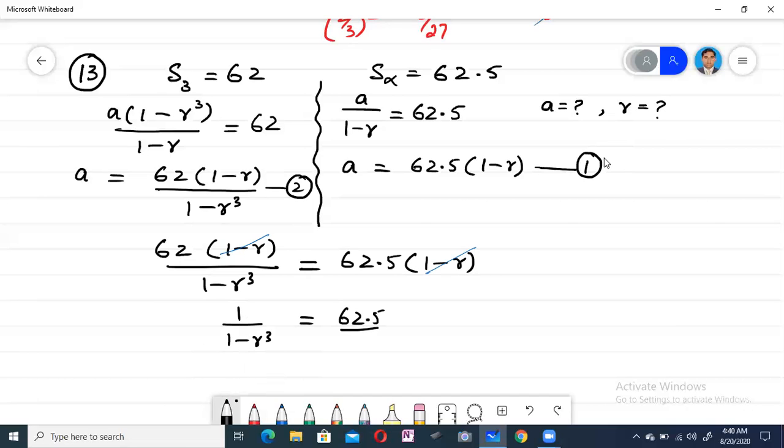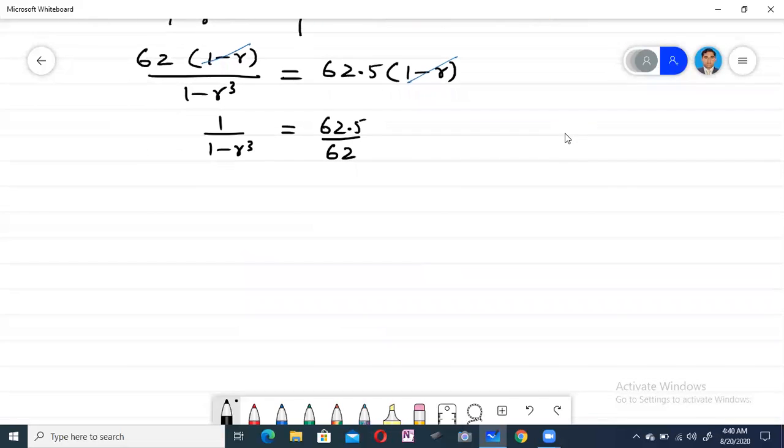This 62 on the other side will be divided by 62. Then after doing further simplification, we are now taking the reciprocal on both sides.